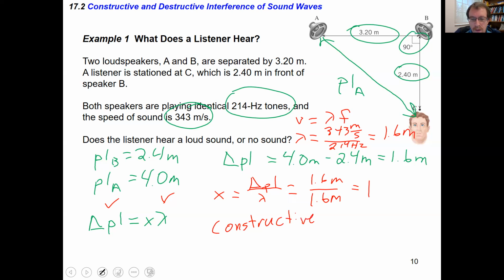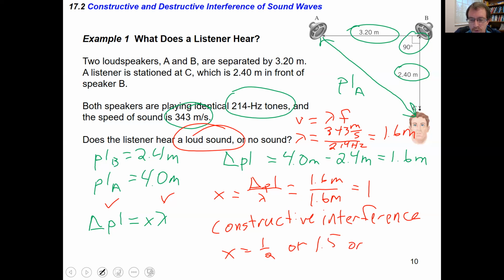And so in terms of the actual question that's asked on the screen, that means that I hear a loud noise. If I had gotten x is equal to 1/2 or maybe 1.5 or 2.5 or something like that, then I would have had destructive interference instead.